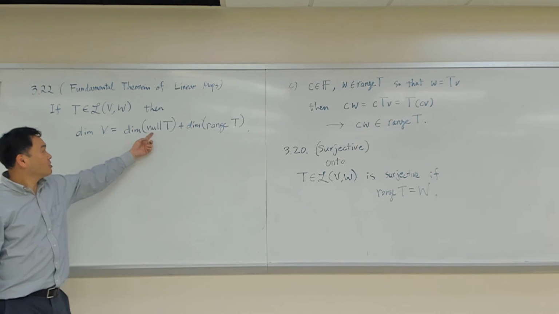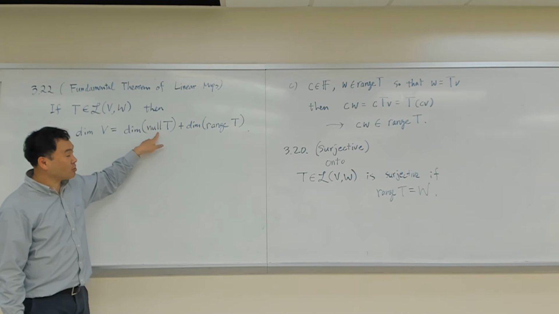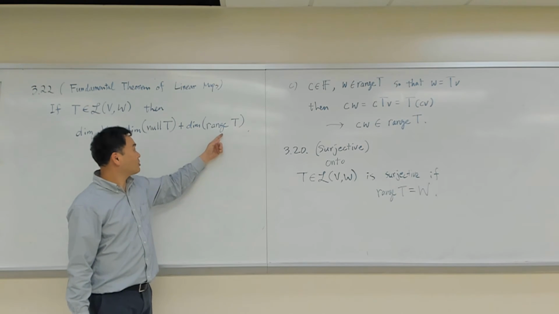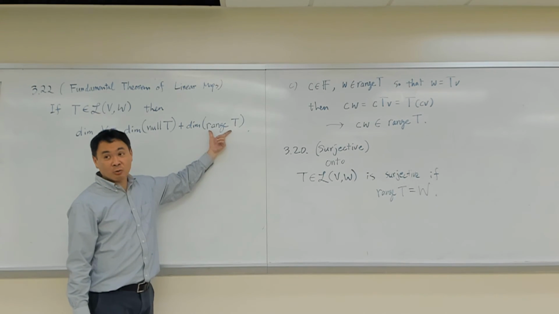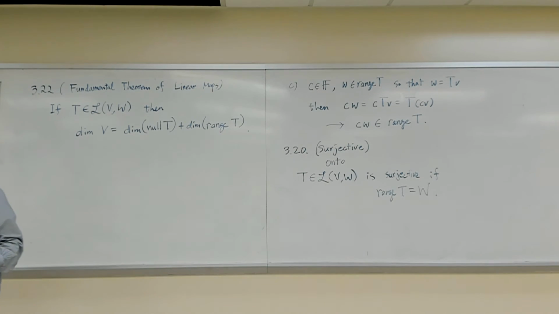So the dimension of null T is possible because we know that null T is a subspace of V. And the dimension of the range T is also possible because we know that range of T is a subspace of W. Okay, so that's something that we're trying to prove. Okay?